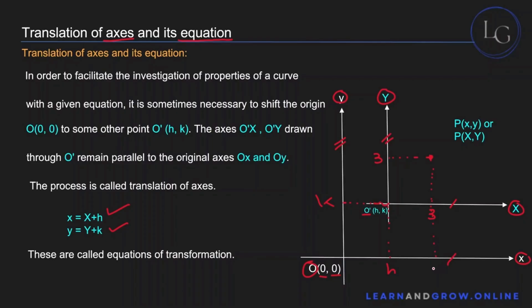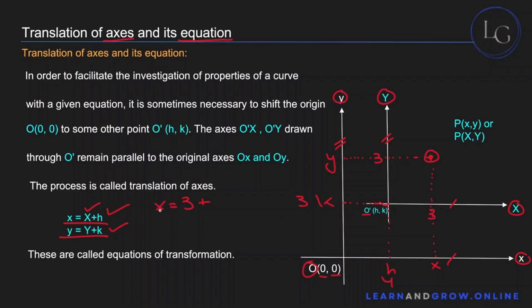So you need to find this value and you need to find this value. How would you do it? Well, simple. Basically, you'll use these two equations. So you need to find the value of this point in the old axis. So the x value would be x is equal to the new x value, which is 3, plus h, which let's say in this case is 4. Let's say the h value is 4 and let's say the k value is 3.